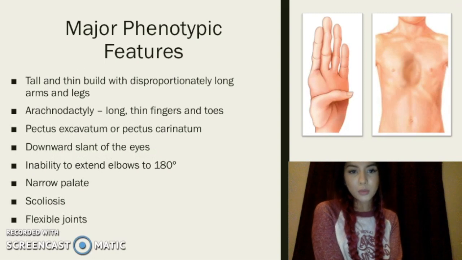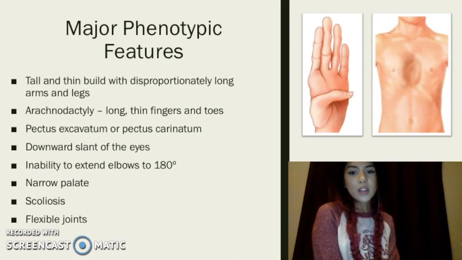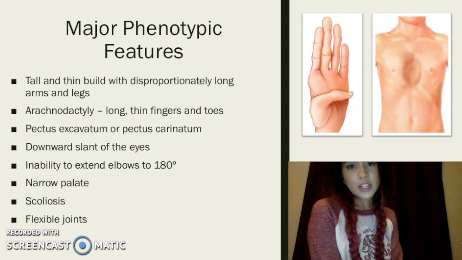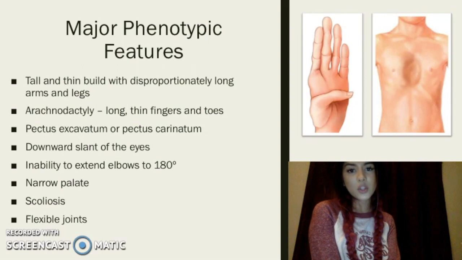So moving along, the most major phenotypic feature is a tall and thin build with disproportionately long arms and legs, which is referred to as the Marfanoid body habitus. Another common trait is arachnodactyly, which is a reference to the long legs of spiders, and this is characterized by long, thin fingers and toes.